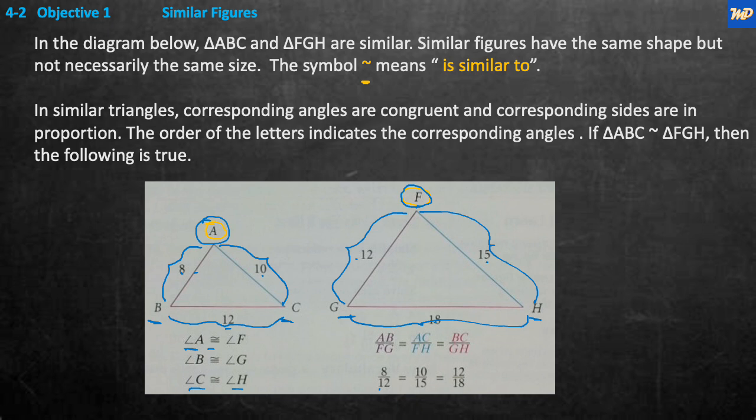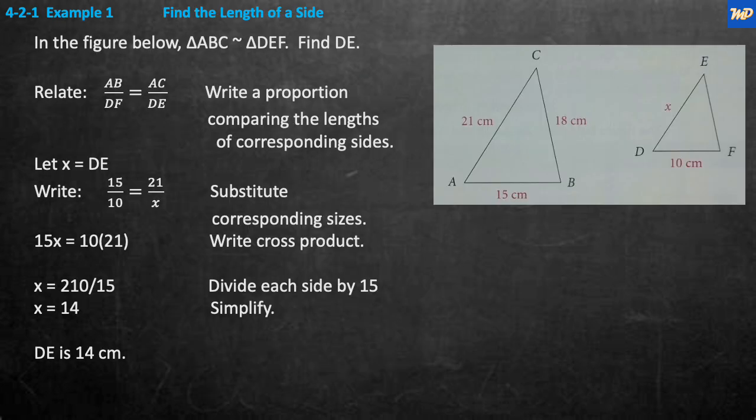And 8 divided by 12 is what? It's 2/3. 10 divided by 15 is 2/3. And 12 divided by 18 is 2/3. Each of these is equal to 2/3.